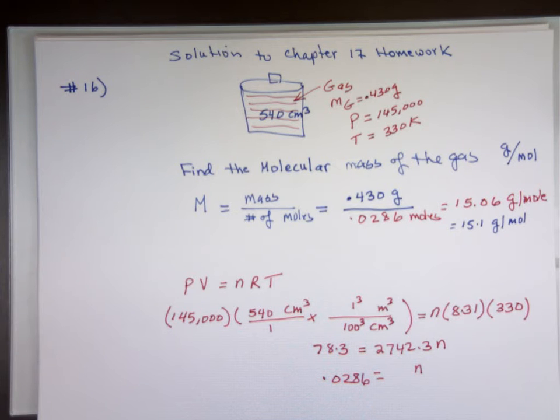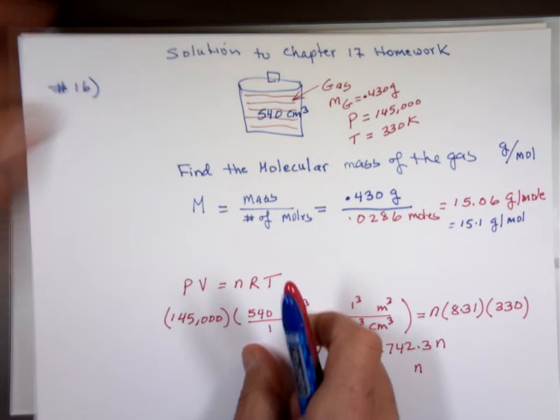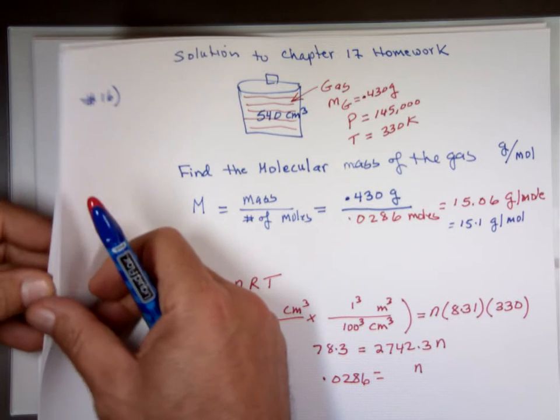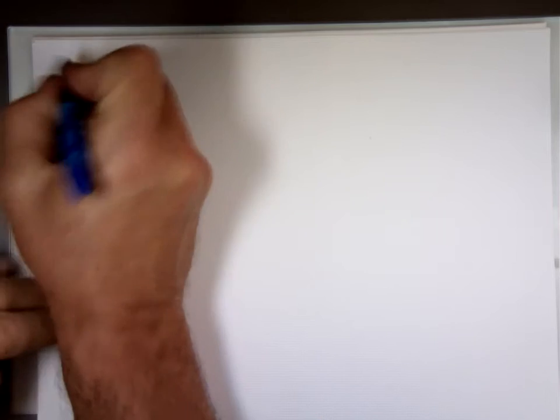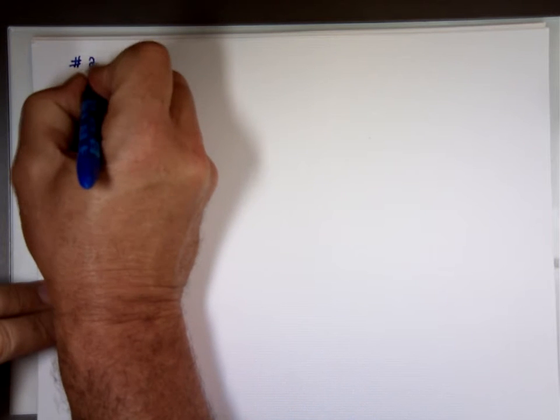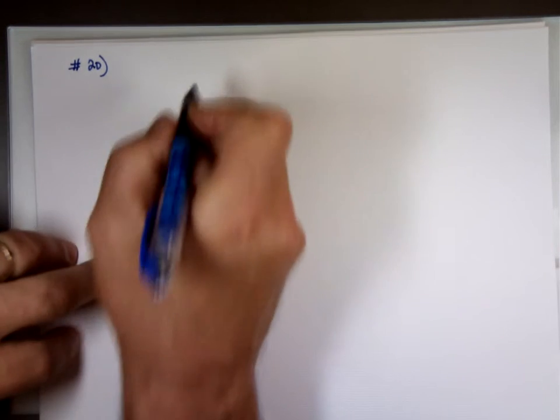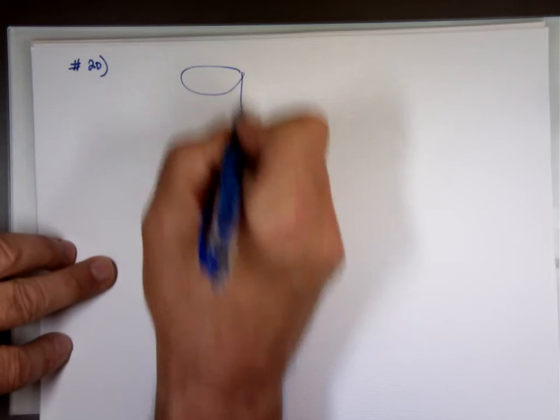Number 20. Again, we have another flask, but it's a cylinder shape.